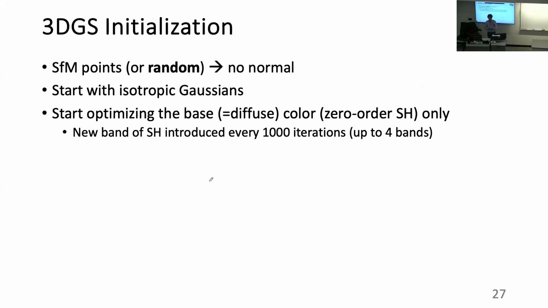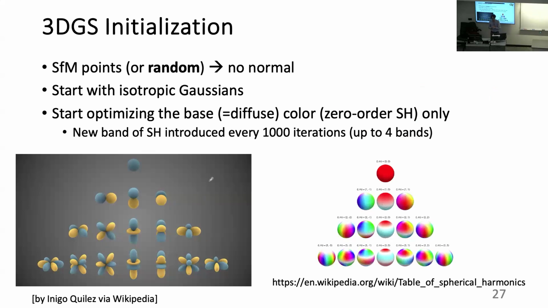And then during the optimization, something I'm kind of glossing over is that they are not just using an RGB color, but they're actually using something called spherical harmonics that already came up in previous lectures. Spherical harmonics in general are a nice way to represent a view-dependent color, which is exactly what they use it for.